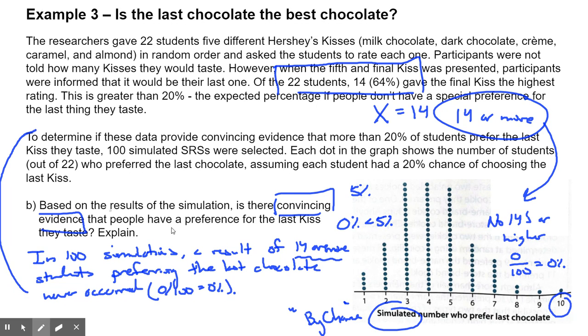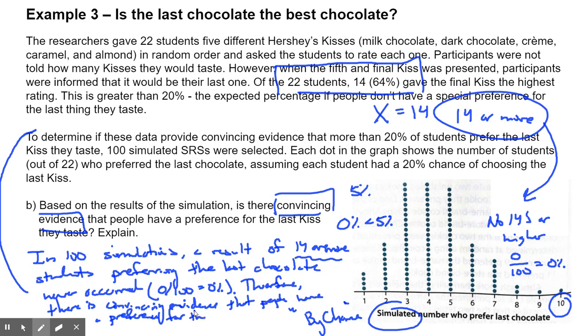Therefore, there is convincing evidence that people have a preference for the last kiss they taste.